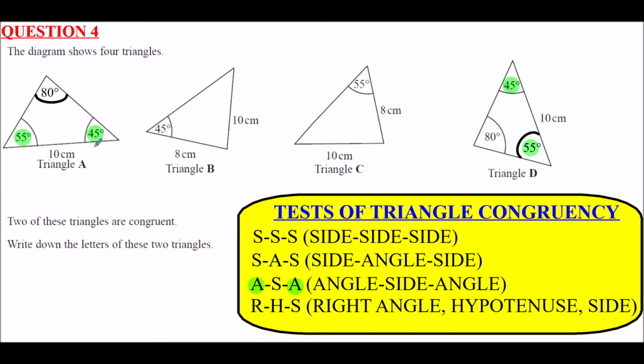The side in between these 2 angles is 10 centimeters here, and the side in between these 2 is also 10 centimeters. So because they also share the same length side in between the same angles, these 2 triangles, A and D, must therefore be congruent. So the answer is just simply triangle A and triangle D.